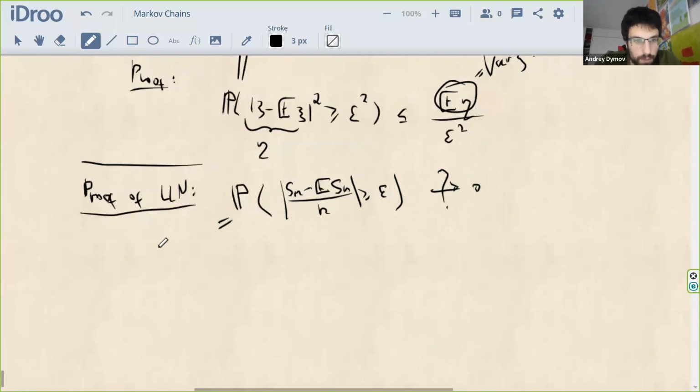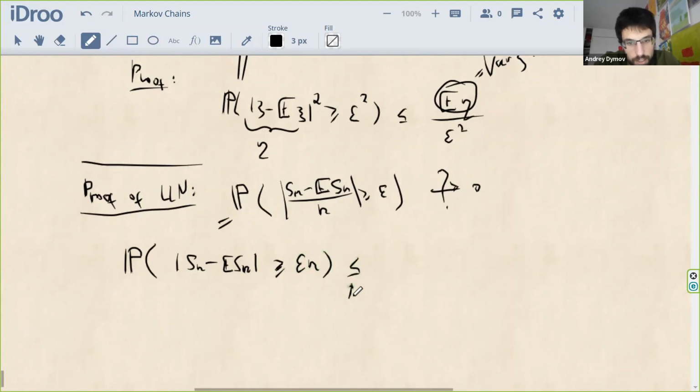This probability equals what? Let me multiply both sides of the inequality by n, and then I will get the deviation of my Sn from its mean on the left-hand side, and on the right-hand side, I will get epsilon n.